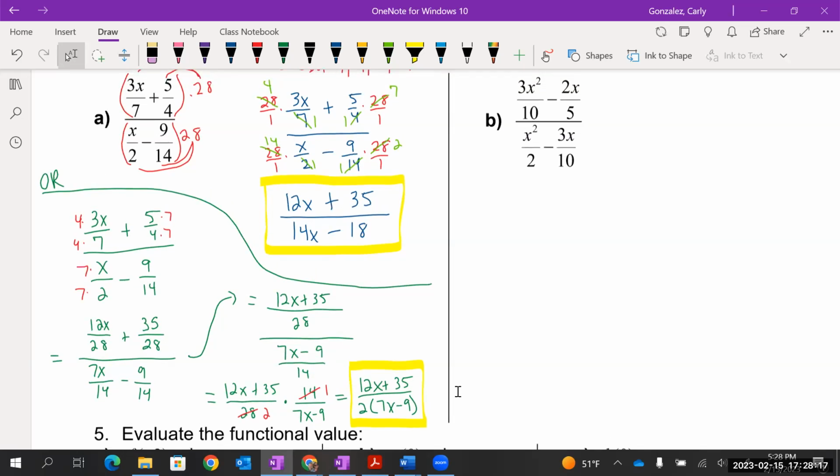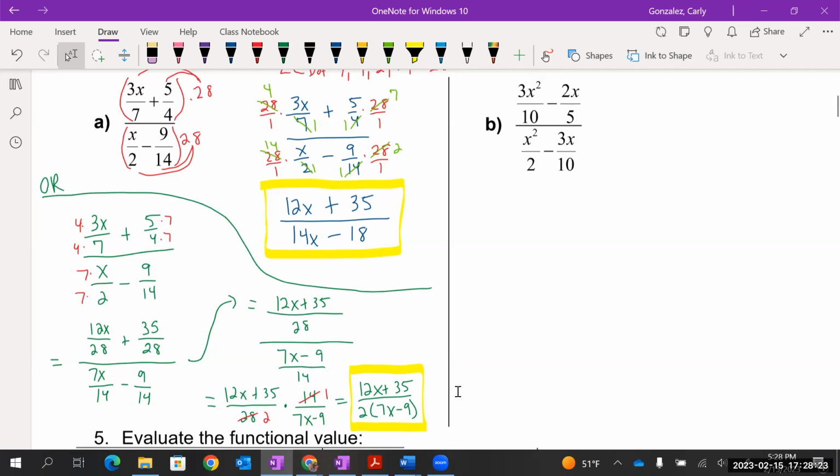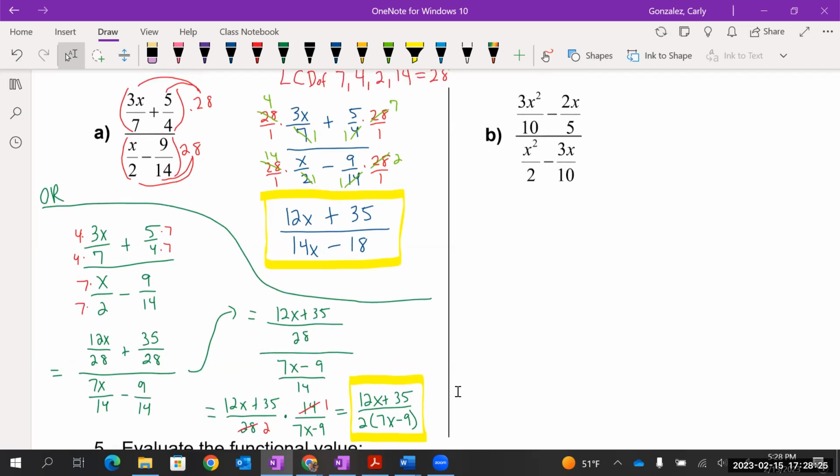Okay, now we're ready for B. And on this one, I'm just going to go with the original method of finding that LCD. So first, what's the LCD of 10, 5, 2, and 10?